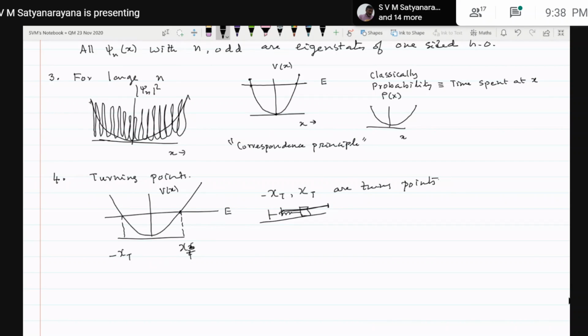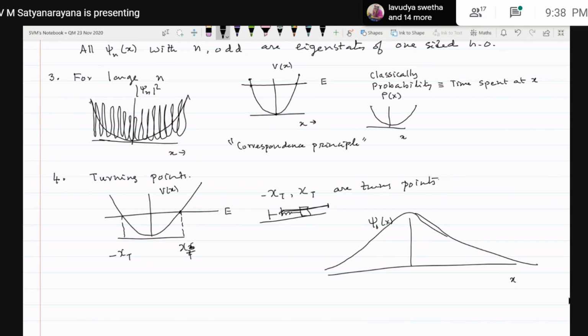So if you look at the ground state wave function, psi 0 of x versus x is a Gaussian, that means it will go to 0 only at x goes to plus or minus infinity. That means, let's say if this is your turning point, minus xt and xt, there is a non-zero value of the wave function outside, and suppose I plot this as mod psi x square, which also looks like this.